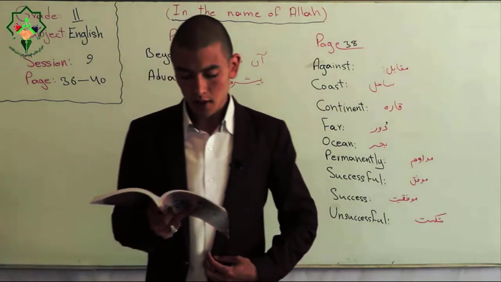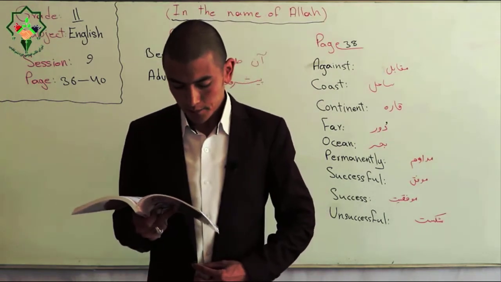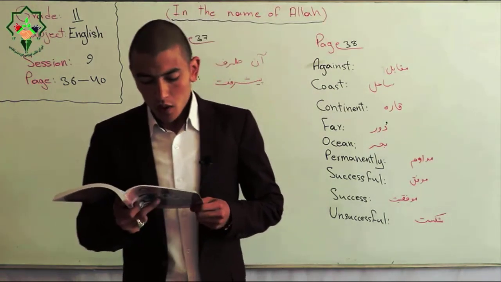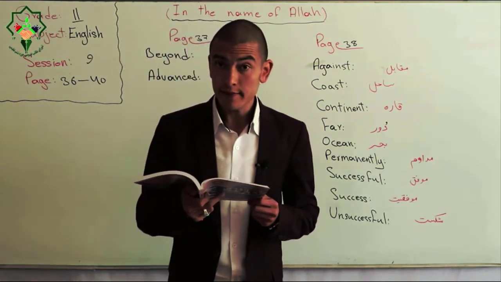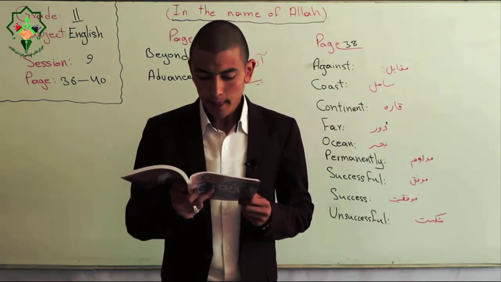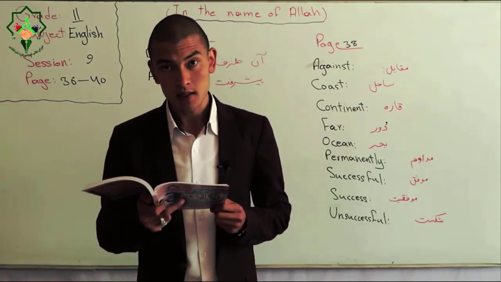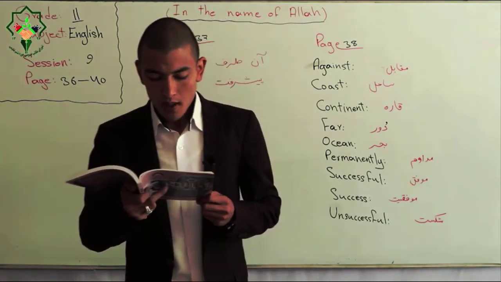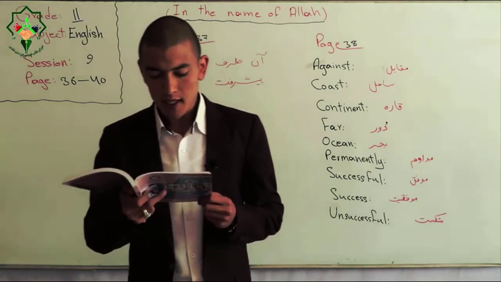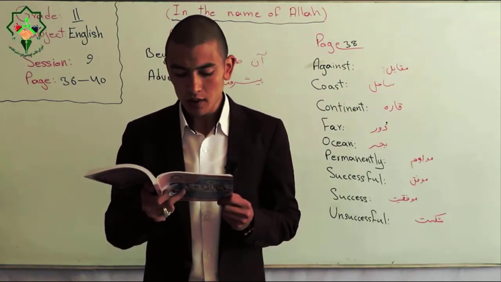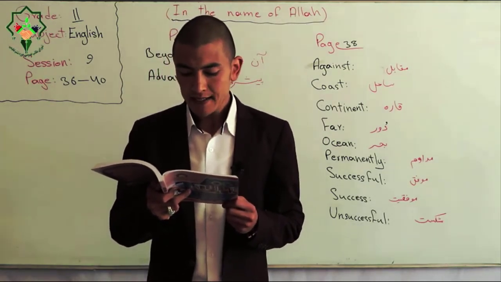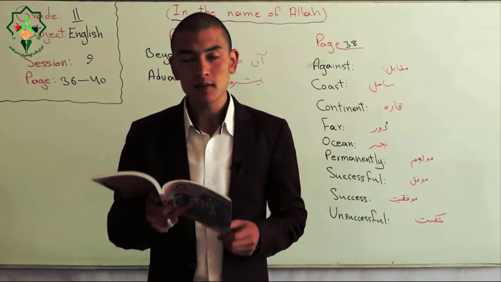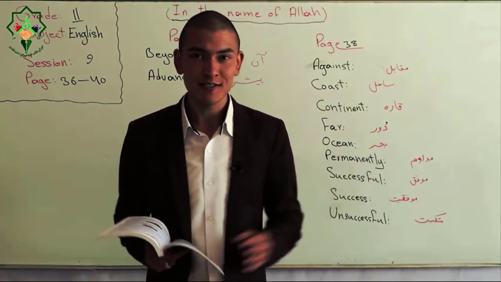So, jump onto the next word. We wish you success with your answers. Unsuccessful. An unsuccessful person is someone that does poorly. Our team was unsuccessful. We lost the tournament, unfortunately.